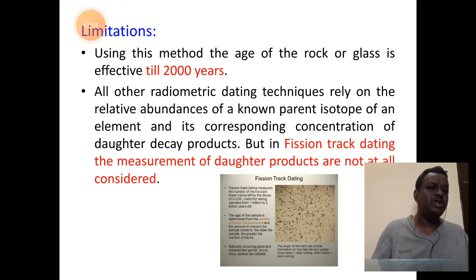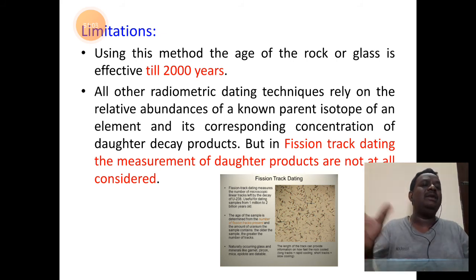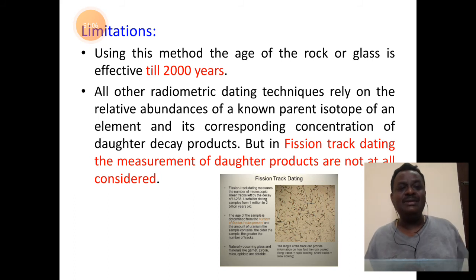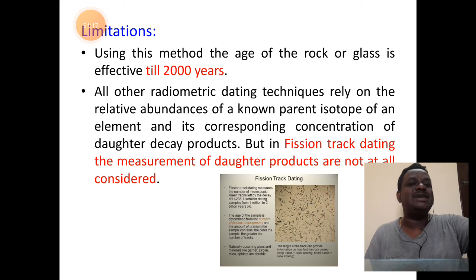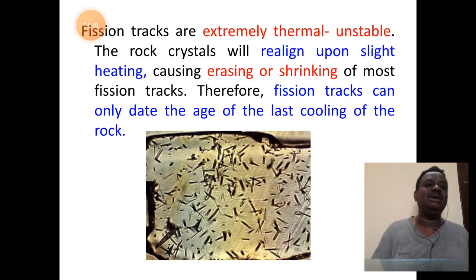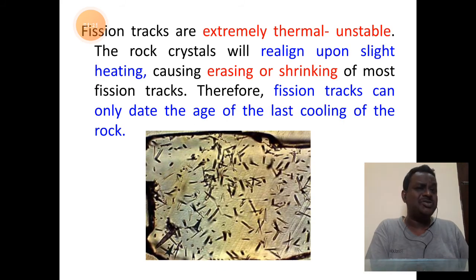I mean to say, the daughter elements that are formed will not be considered because they are damaged by the neighboring fission tracks, and it is used only for dating rocks but not fossils. So these are all the limitations related to the fission tracks. Another disadvantage is that they are extremely thermally unstable.